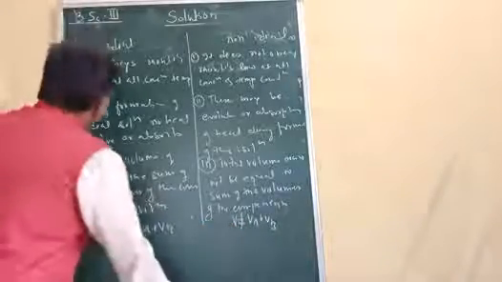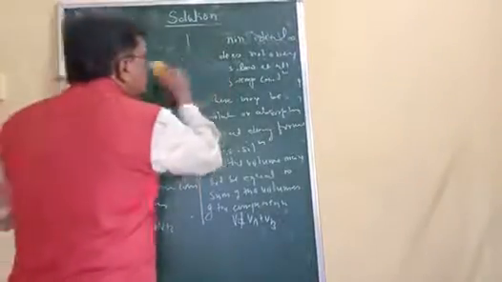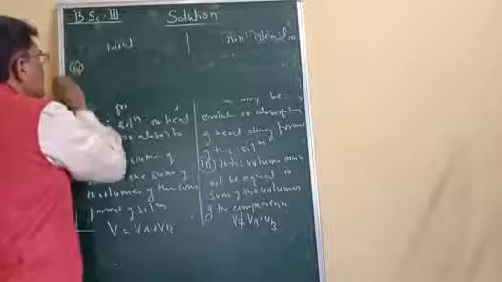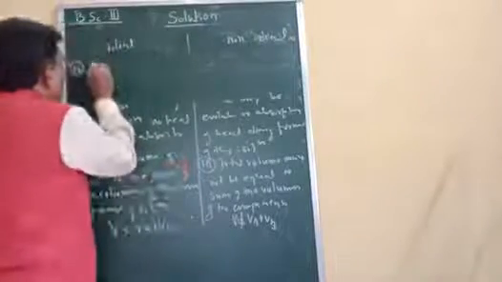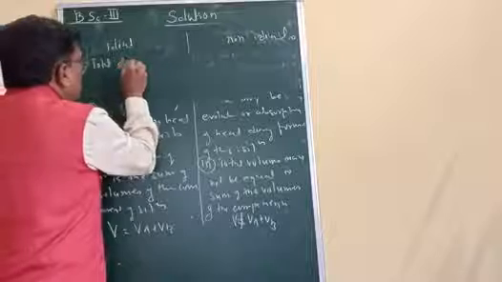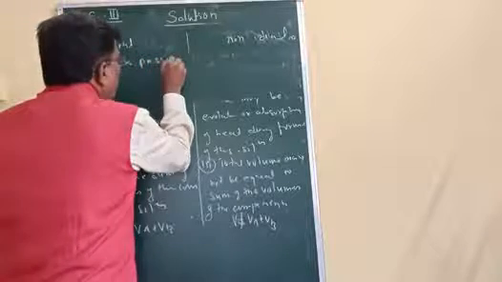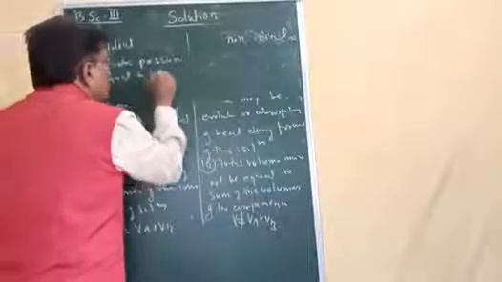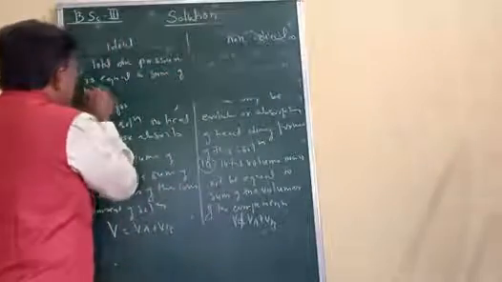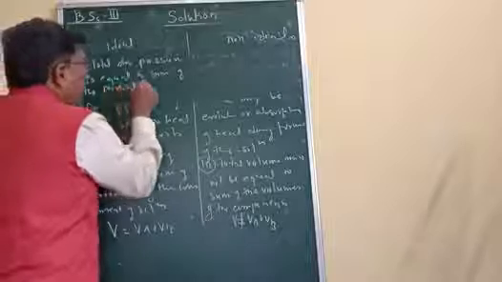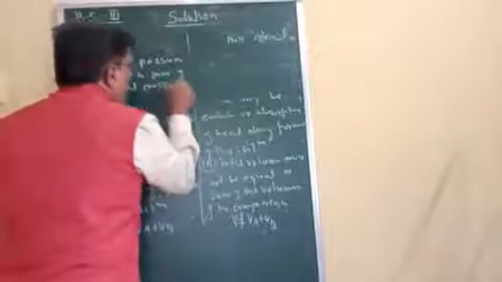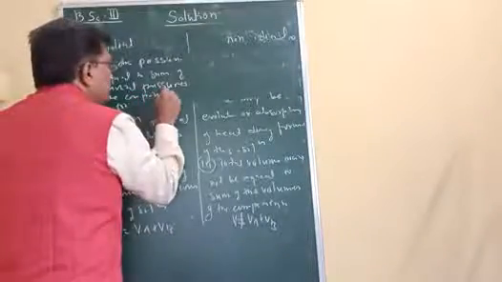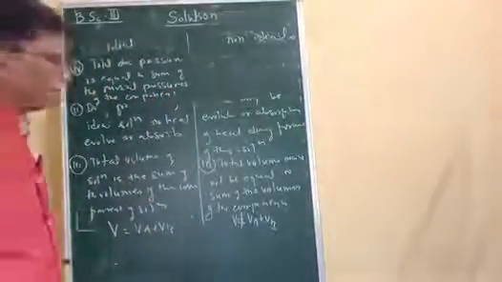And the last differentiating point, that is fourth. The total observed pressure is equal to the sum of the partial pressures of the components.